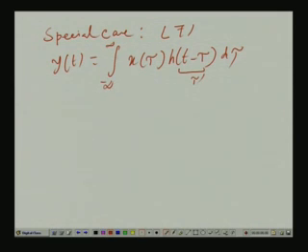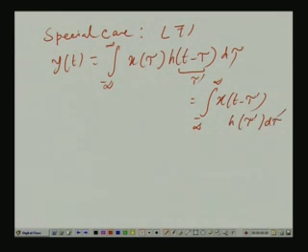So with d tau meaning minus d tau prime, you reverse the two limits again, so minus infinity to infinity, another minus comes, so it becomes plus, and you get back the integral of x(t minus tau prime) h(tau prime) d tau prime.